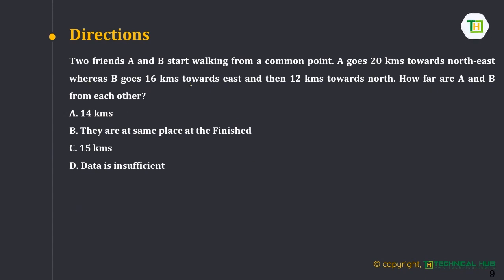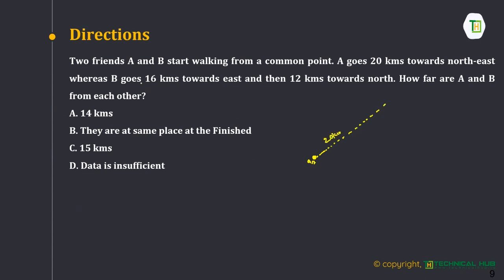Write down here, this is the common point, the A and B starting point. A goes 20 km towards northeast.